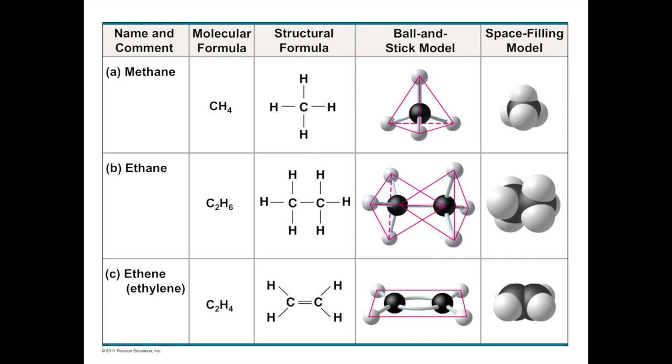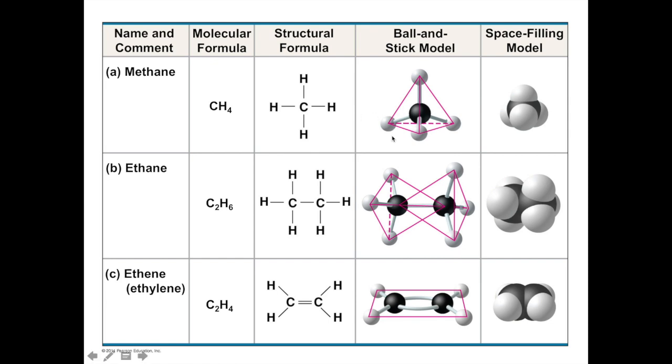Here are 3 examples of carbon compounds where it's just carbon and hydrogen. Methane is considered to be the simplest organic molecule: 1 atom of carbon and 4 atoms of hydrogen. We can draw out a molecular formula like this, or we could draw it on a piece of paper like this. But another interesting thing about carbon is that it's really a 3-dimensional element.